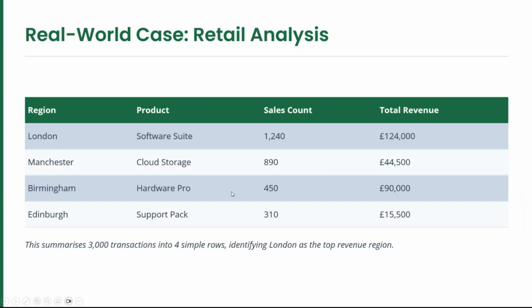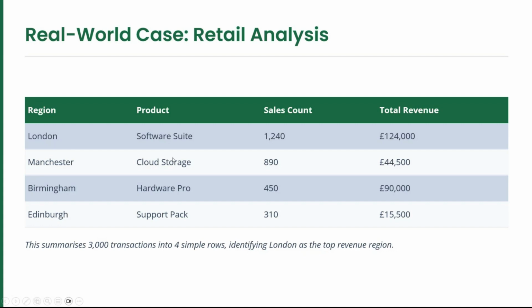So yeah, guys, this is a real world example, for example, if this was a pivot table. This summarizes 3,000 transactions into 4 simple rows, identifying London as the top revenue region. So this was 3,000 transactions from customer data.